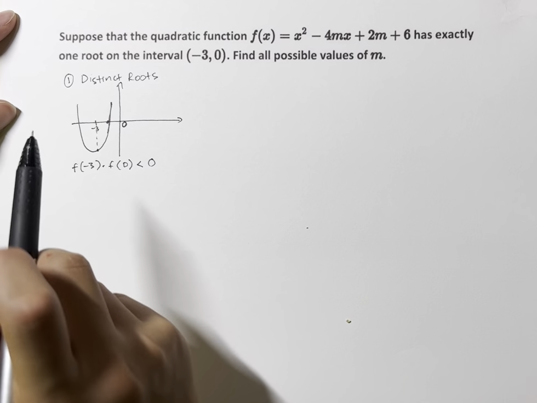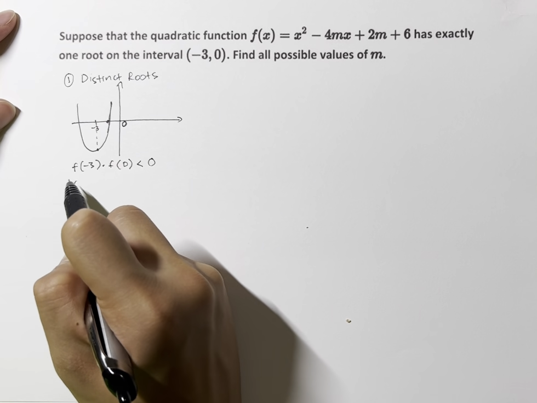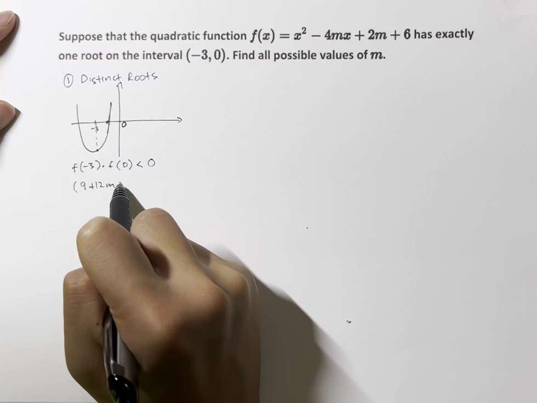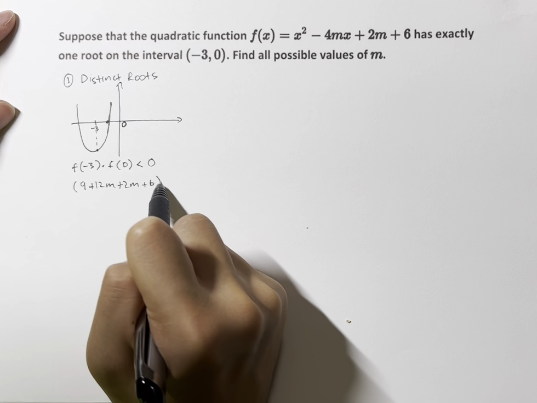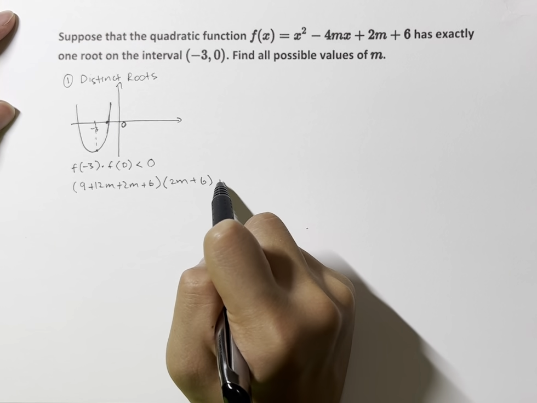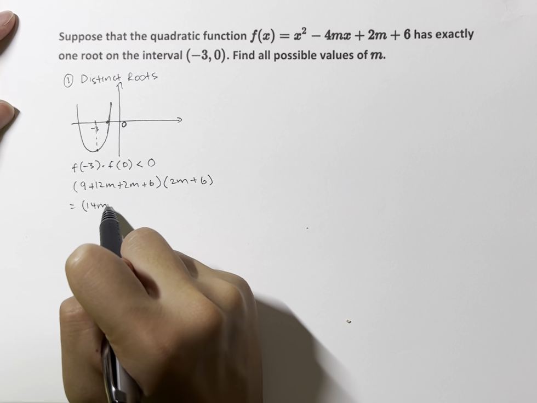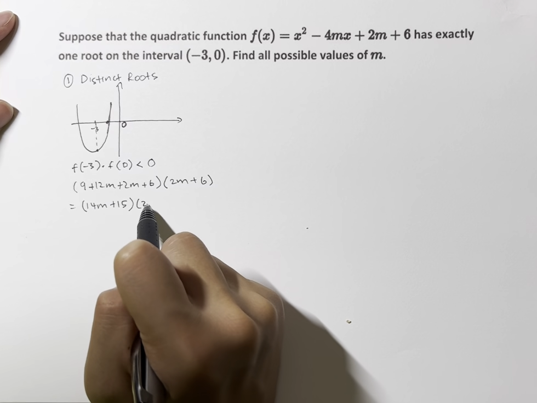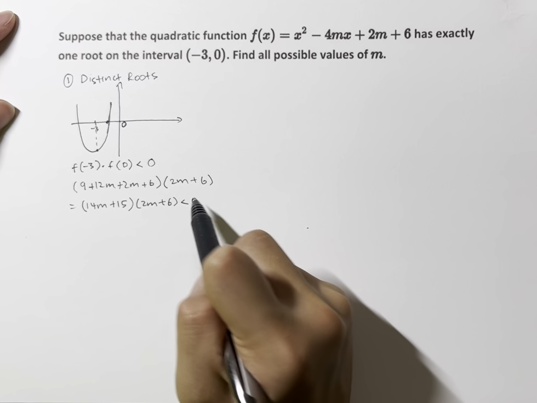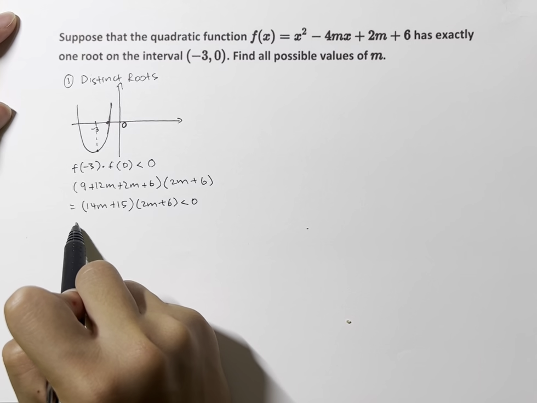Then let's plug them in and see what we get. f(-3) is 9 plus 12m plus 2m plus 6, which is 14m plus 15, times f(0), which is 2m plus 6, less than 0. So the two factors have different signs, and we split into casework.